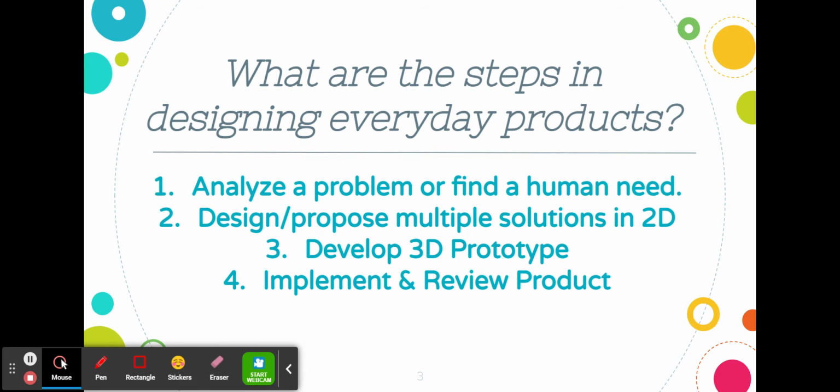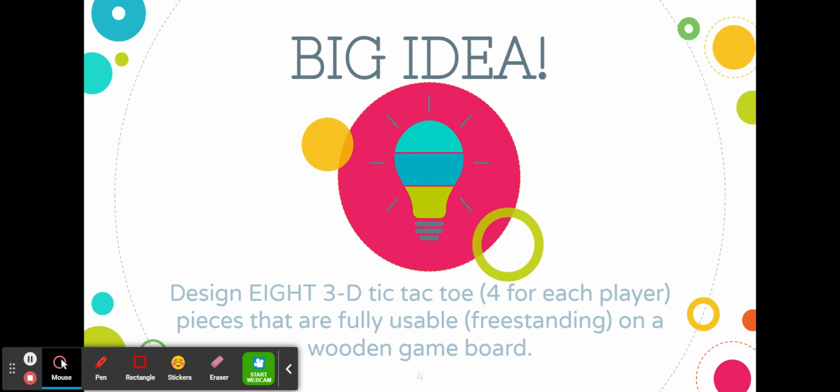So you're actually going to make a sculpture of that product. And then when that product is built and completed, we'll have an implement and review product day where you and peers in your class will get to use the product and see how useful it is in that whole process.